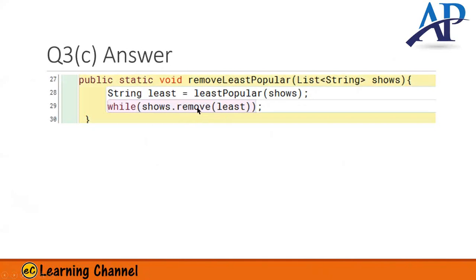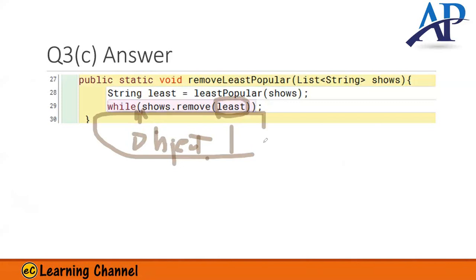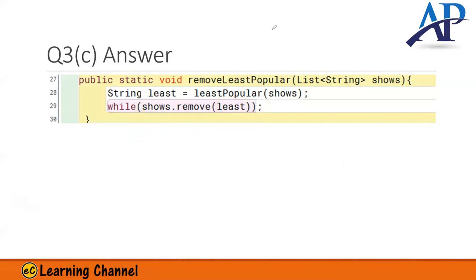And it will return true or not true. Remember here, if we put an object, it returns a Boolean value. If we put an index 1, 2, 3, it will return the object that got removed. Okay, so be careful over here. But this is good enough to remove the least popular one.